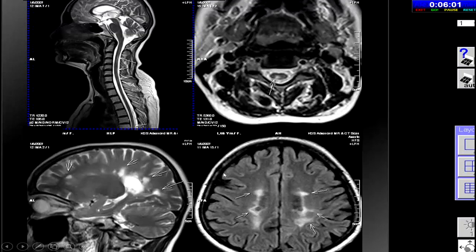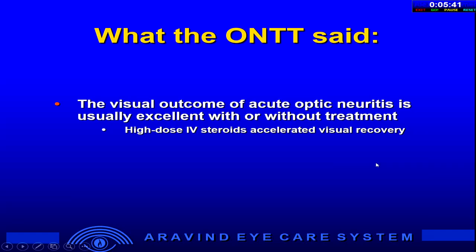Also, as Dr. Naveen Jaikumar showed, there are some scattered lesions in the spinal cord, which is suggestive of multiple sclerosis. But remember, these spinal cord lesions need not always be present, and classic multiple sclerosis has these Dawson finger-like pictures and hyperintense lesions.